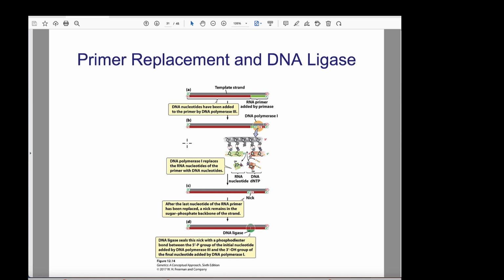And then the gap or the nick that's present between where the primer ended and where the strand of DNA was synthesized has to be sealed. And that sealing of that nick, that space between the two, which you see right here, is done by DNA ligase. DNA ligase is an enzyme that ligates, meaning joins together, these two spaces, and it's between the 5' end of one ribose and the 3' end of another.